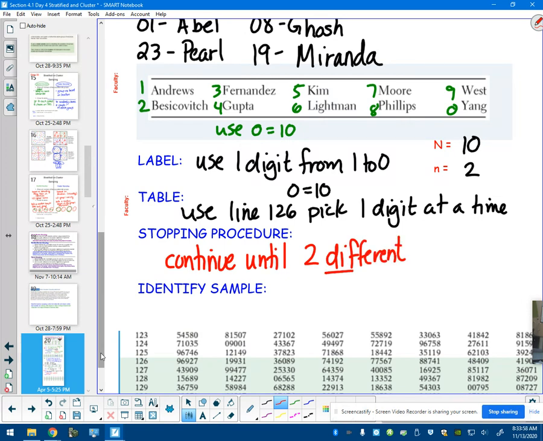That's one of those keywords that you can underline again for me. Continue until 2 different numbers from 1 to 0 are selected. And if it hurts you to put 1 to 0, you can in parentheses put 0 equal 10 up here or something if that's bothering you.